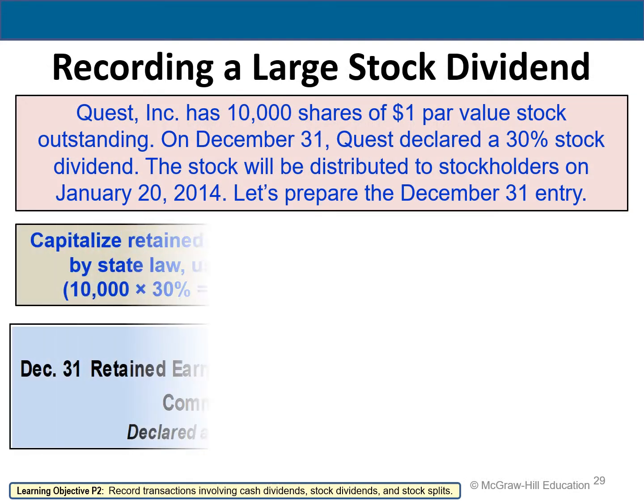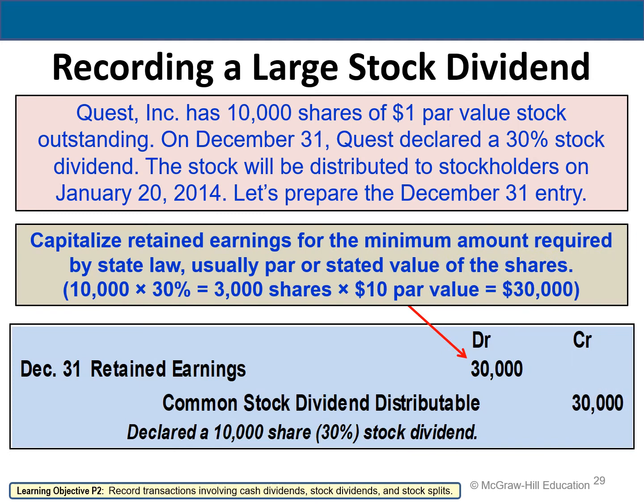All right, so recording the large stock dividend. Quest has 10,000 shares of $1 par value stock outstanding. Now, instead of a 10% stock dividend, they're declaring a 30%, and it's going to be distributed on January 20th. So to compute the amount of the stock dividend, we're going to take our 10,000 shares times 30%.